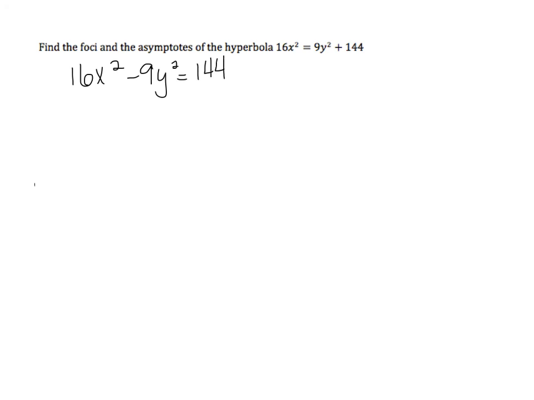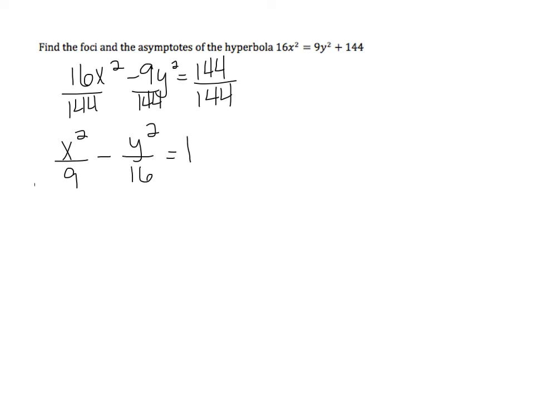And then again, just like with ellipses, I need the right-hand side to be 1, so I have to divide everything by 144. And that gives me x squared over 9 minus y squared over 16 equal to 1. I know this is a hyperbola because of this minus sign.